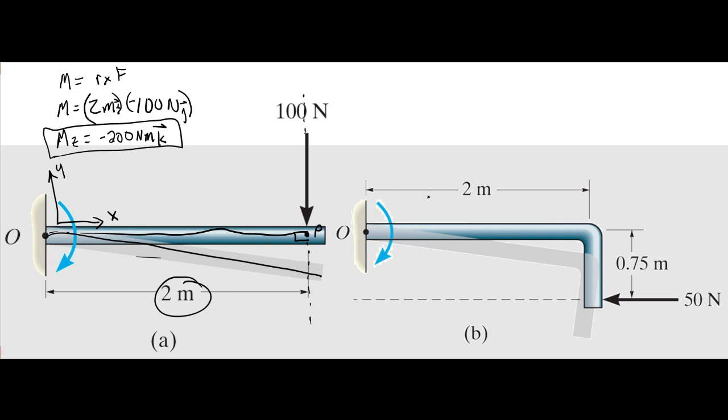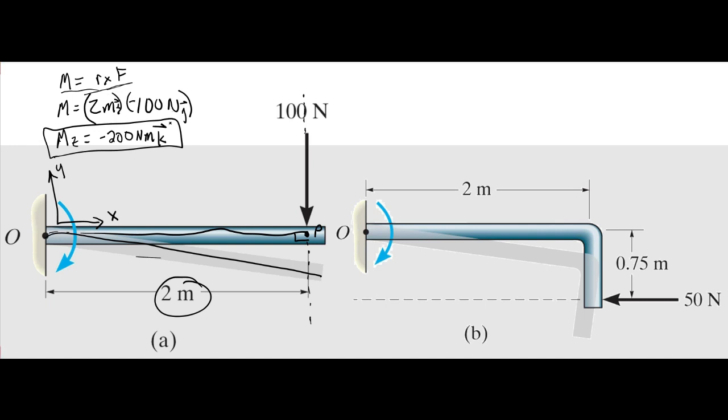Let's look at problem B. Now we want to know what is the moment that the 50 Newton load is applying at point O. We're going to do the same thing as we did before, where the moment is equal to R cross F, right?